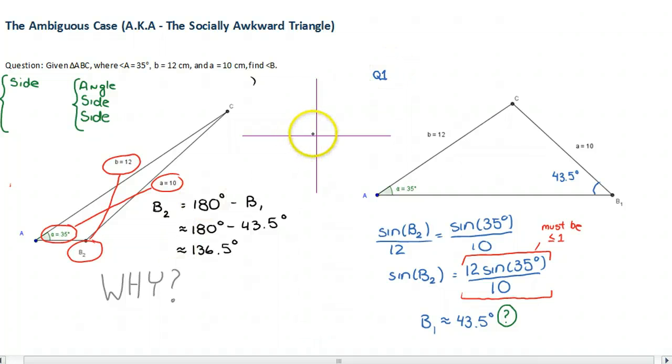If I'm interested in the angle in this quadrant, if I'm interested in theta, or in this case, B2 could be represented like this. What happens is your calculator is going to give you the related acute angle, which is 43.5. So therefore, to find the obtuse case, we take 180 minus 43.5.